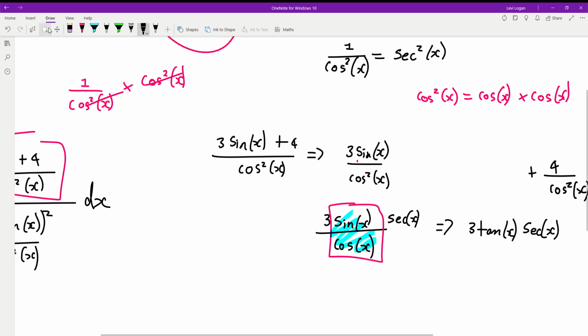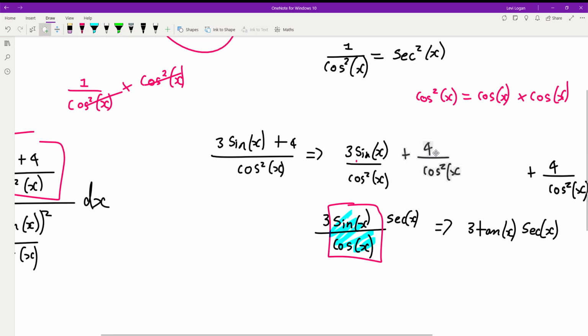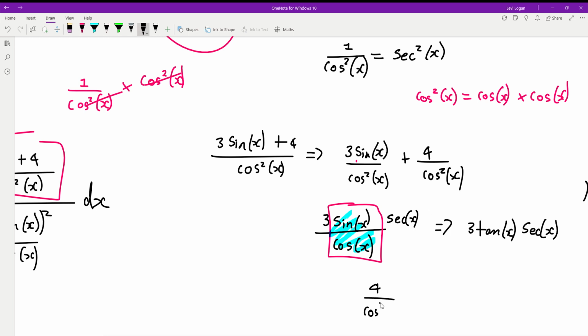I can now move this closer because I'm done with that. Draw that bracket there, and I can rewrite the 4 on cos squared x as just 4 sec squared x. Nothing too fancy like that.